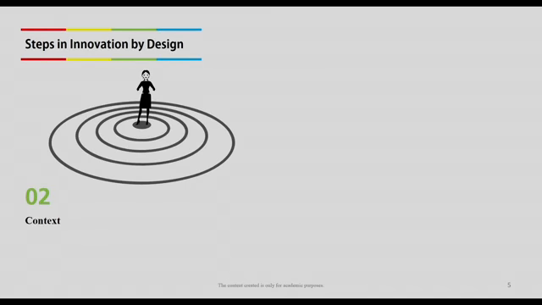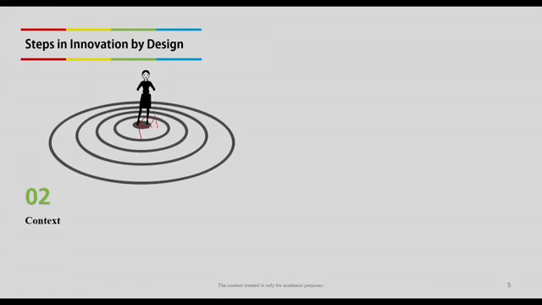Here it is very important to check in what condition the product is used by a user. There may be other products around it which will influence the way the product is used. Hence, contextual inquiry is very important.